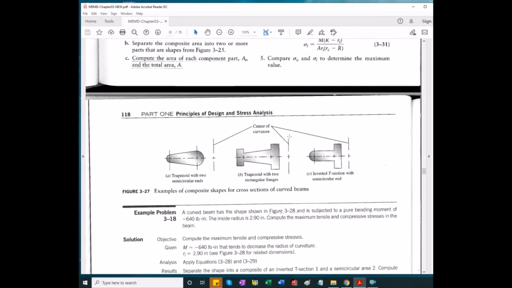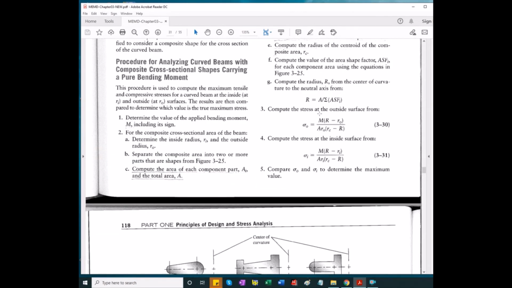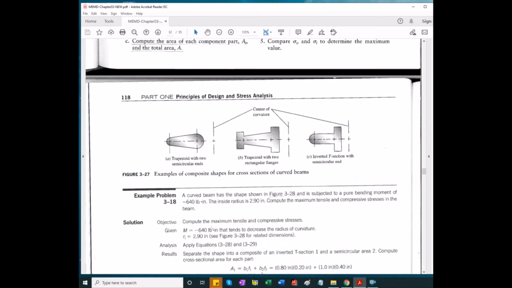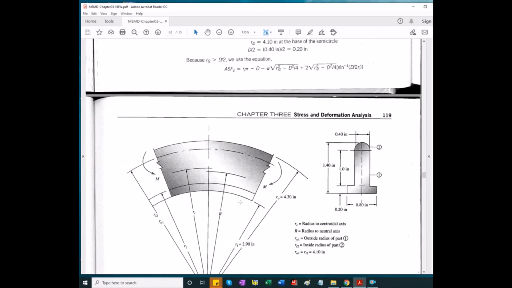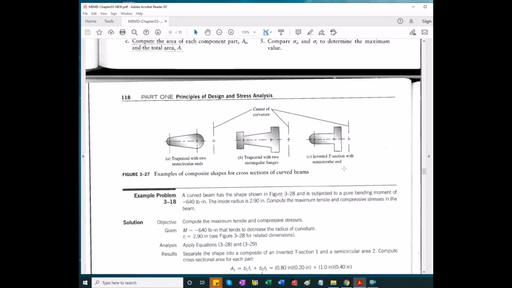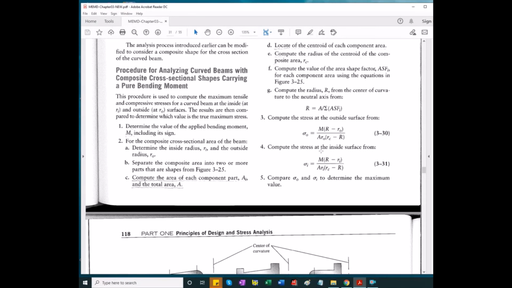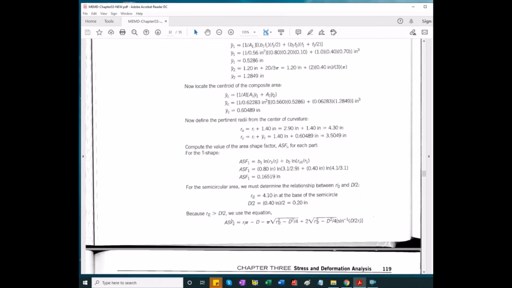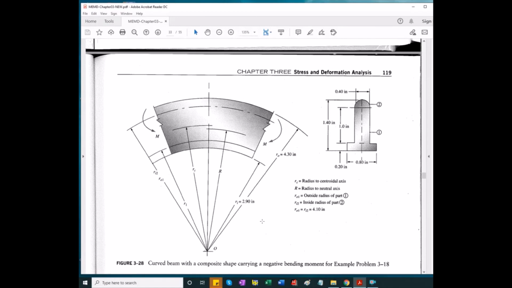One way of verifying the correctness of calculations is looking at the signs of the outer stress and inner stress, using the two equations. So you calculate the outer stress and the inner stress. For whatever sign you assume for the moment, you look at the actual figure. A negative bending moment of the curved beam should give you a positive stress on the outside and a compressive stress, that is negative, on the inside.